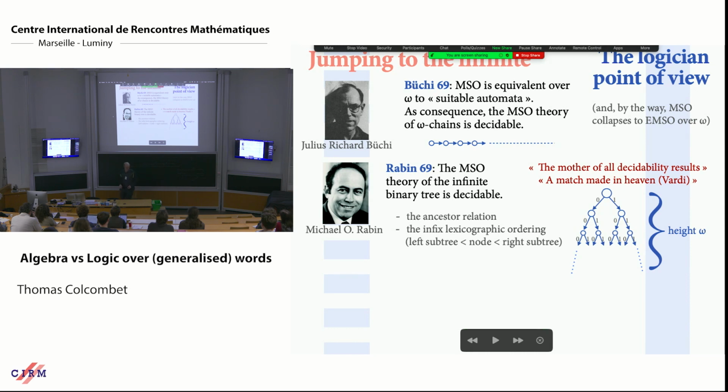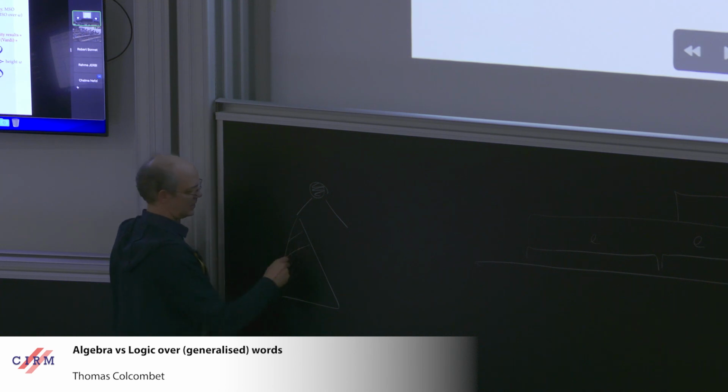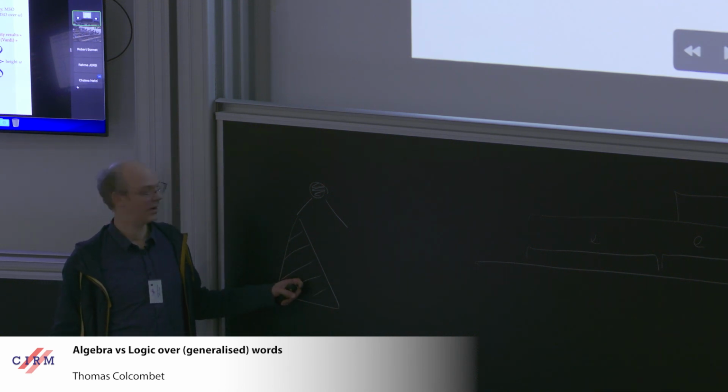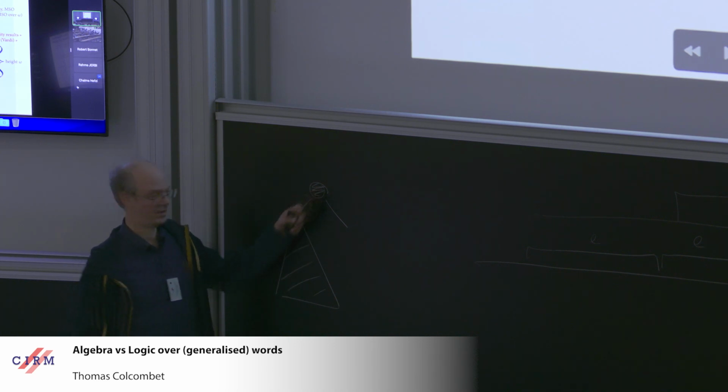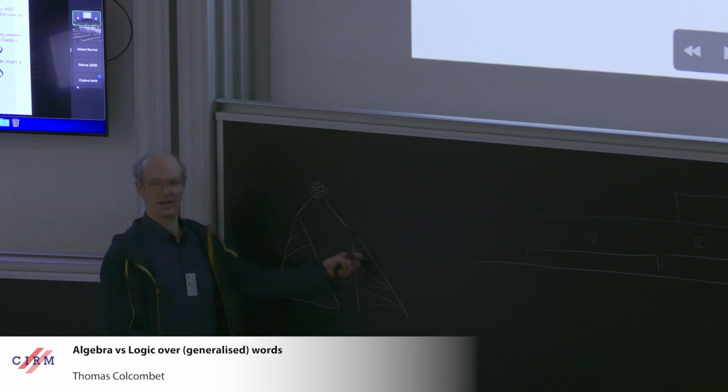The idea is that when you want to order your tree, you can say that all the nodes that are below to the left are before this one, and all the nodes that are in the right subtree are after this one.